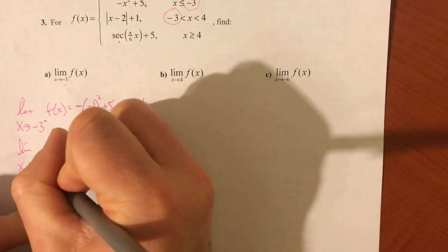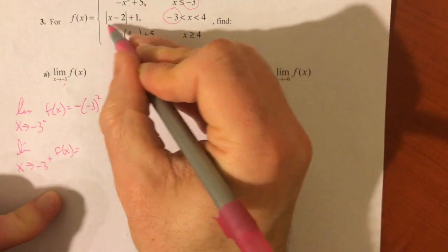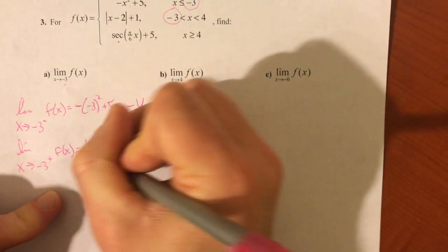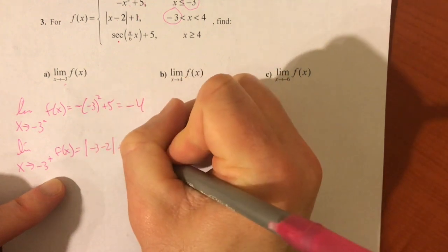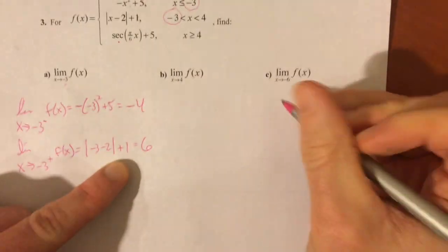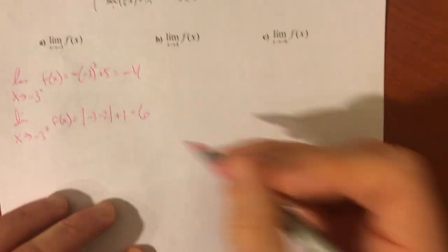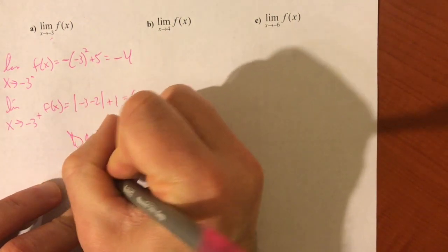Checking the limit as x approaches -3 from the right would be plugging it into this piece. So -3 minus 2, absolute value of that, and then plus 1, so -5, absolute value 5, 5 plus 1, 6. These values are not the same, so the limit does not exist. Left and right do not agree.